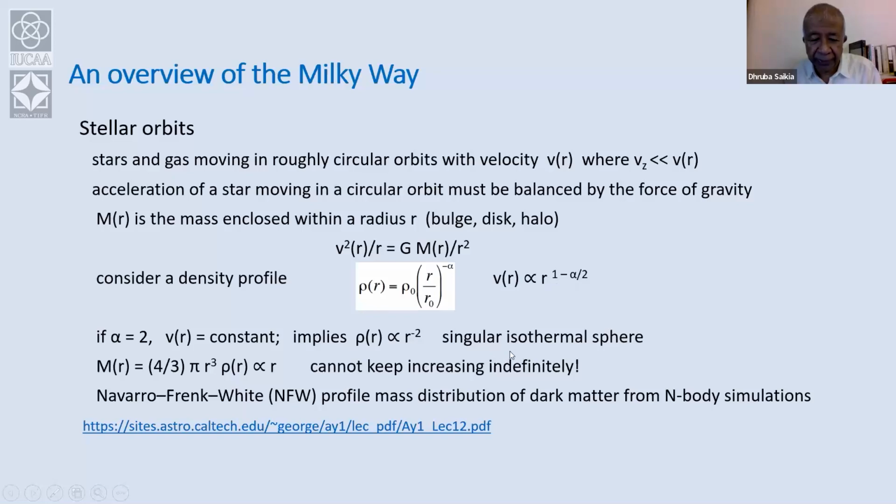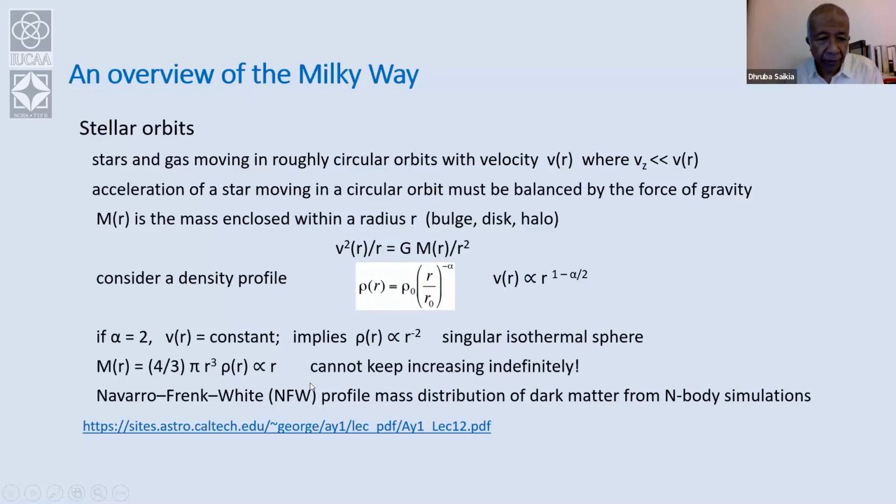This is rooted in something called a singular isothermal sphere, which I'll not get into, but you can see straight away that if I had alpha equal to 2, I'll get 2 by 2 equal to 1, 1 minus 1 equal to 0, r to the power of 0 is 1. So V(r) is a constant. The rest of the constant of proportionality is just G, 4 pi, all that. So with a distribution like this, I can get a constant velocity.